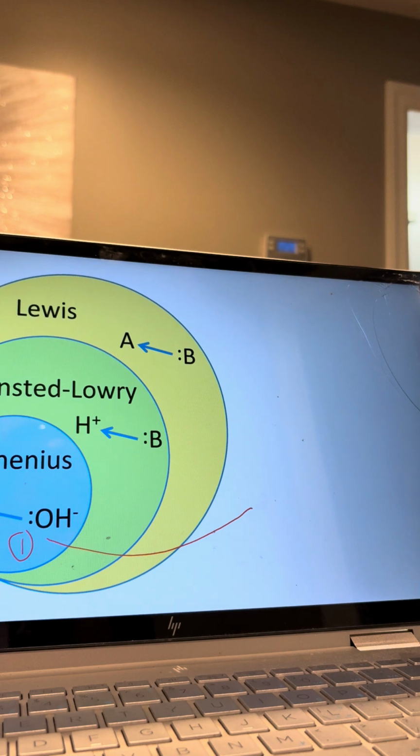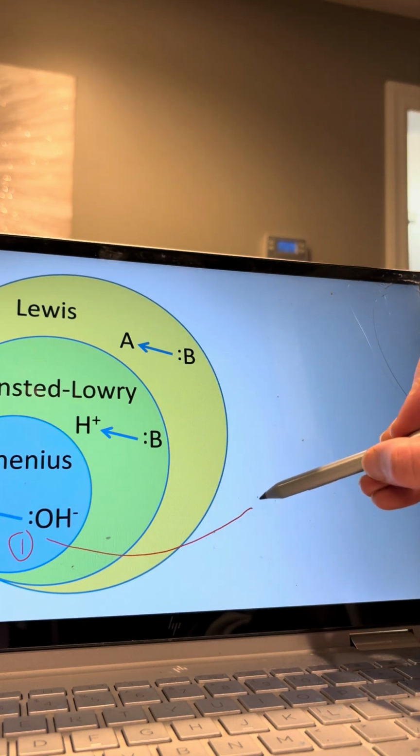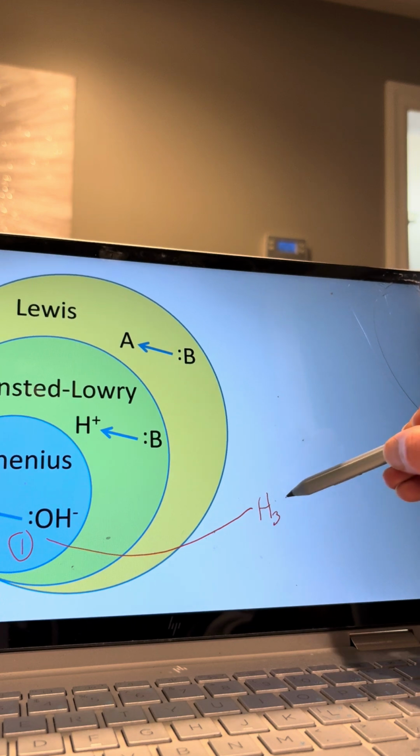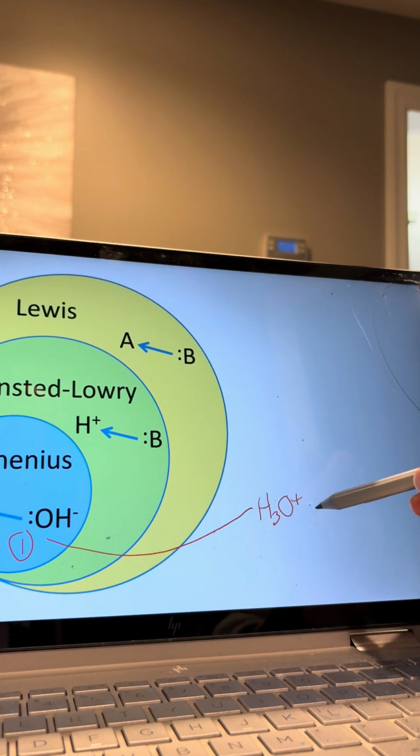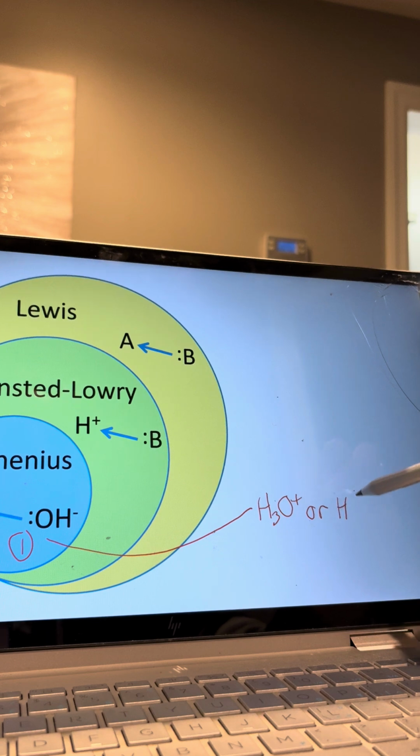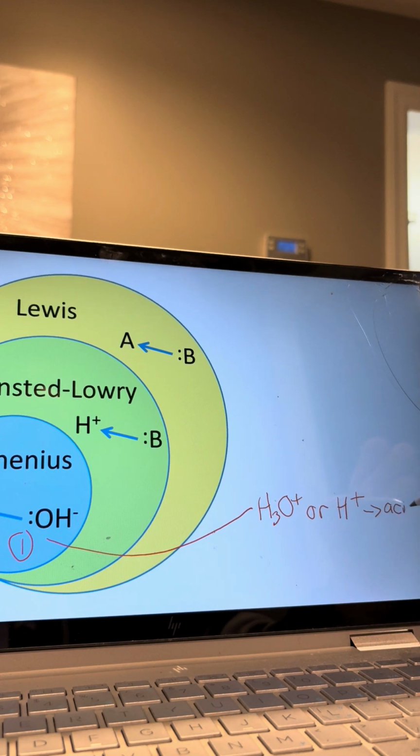This scientist was a Swedish scientist who was the first to come up with the concept of acids and bases in 1887. What basically his theory comprises is what you've learned from me up to this point: if you have the hydronium ion, or it's also called the hydrogen ion, that would be considered an acid.